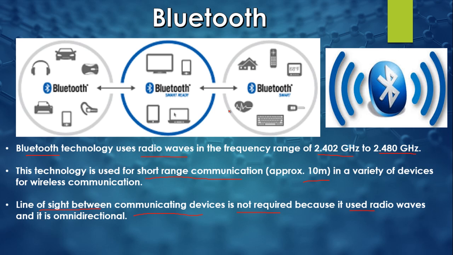Why is it not required? Obviously because it follows radio waves. As radio waves are omnidirectional, the receiving and transmitting antennas do not need to be aligned with each other. So as Bluetooth uses radio waves and is omnidirectional, there is no need to align the devices with each other. And Bluetooth can connect up to 8 devices simultaneously.